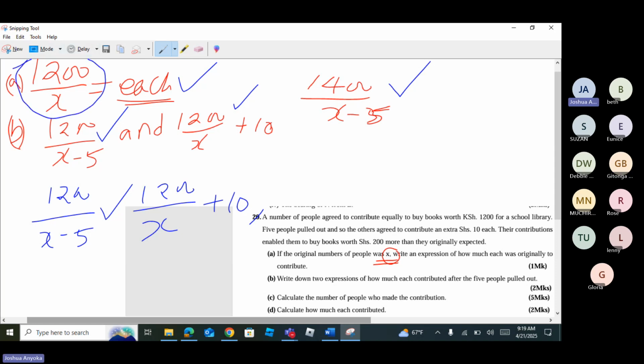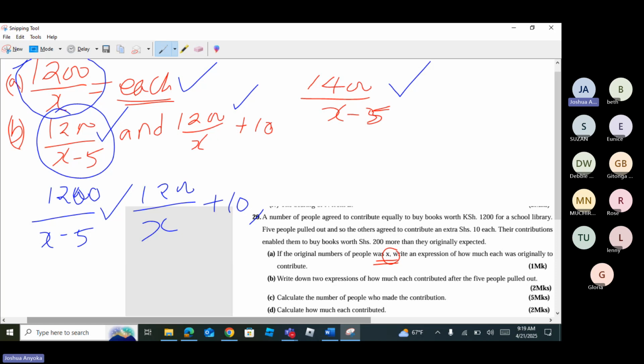1200 over x, ndio? Hiyo ndio kila mtu alikuwa atoe, si ni kweli? But now they want to increase what they want to pay by 10 shillings. So it is not the COE. It is the original contribution for each plus the 10.